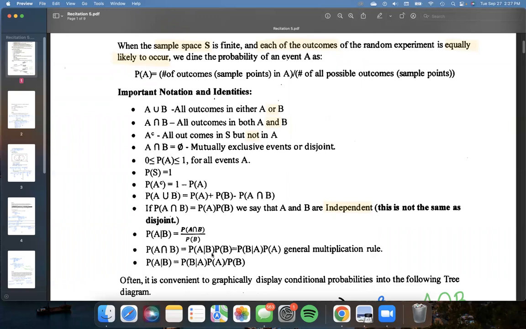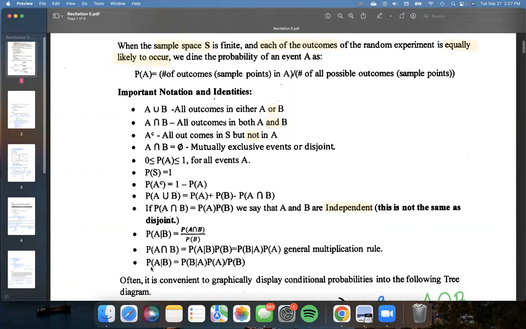In some situations, this is good to know because you may be given these probabilities and need to find the intersection of A and B, the probability of A intersect B. But in some situations, you may be given information to solve the right-hand side of the equality.